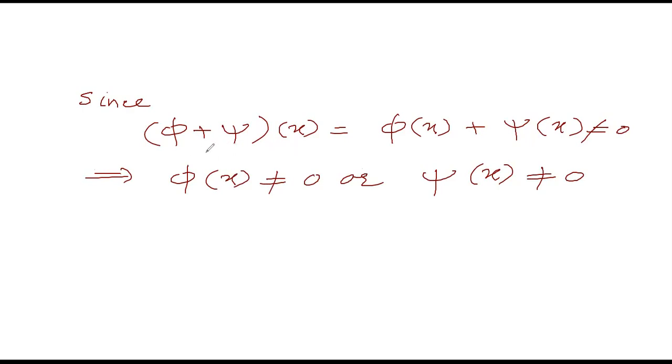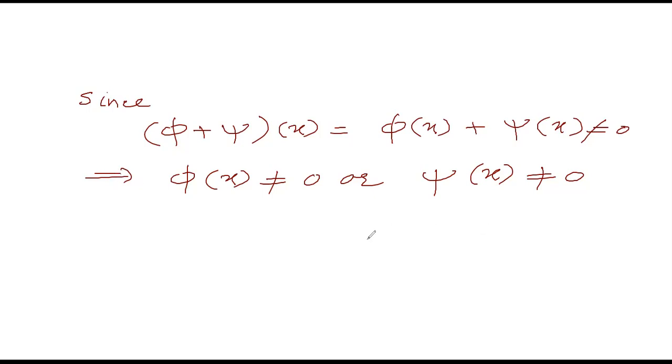But in case they are equal, this sum may be equal to 0. Suppose it's not equal to 0, then it will assume one of the non-zero values c1, c2, up to cr.